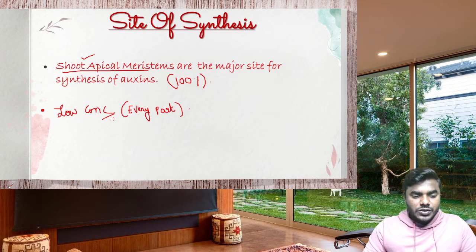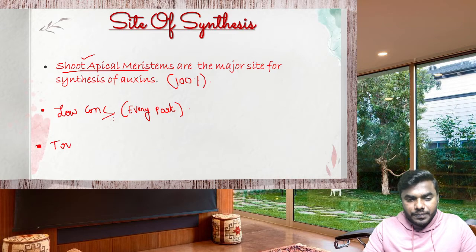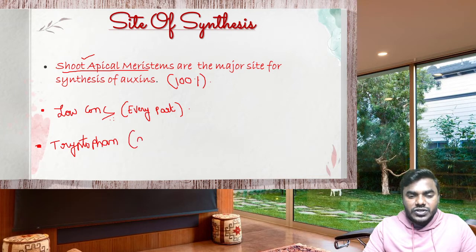Now friends, this auxin can be biosynthesized with the help of an important amino acid, tryptophan. We all commonly know tryptophan, right friends? Tryptophan's specialty is that it is an aromatic amino acid. So always keep that in your mind.